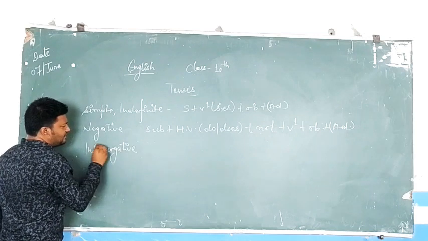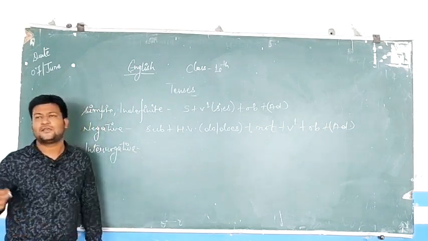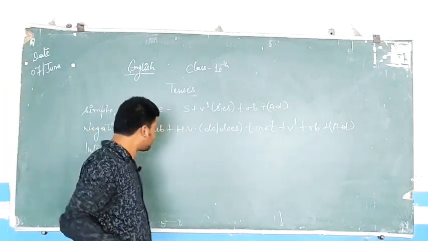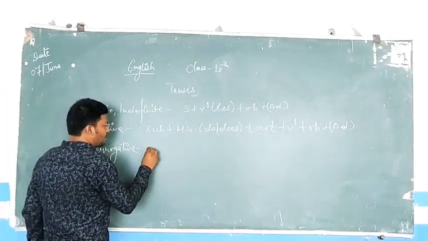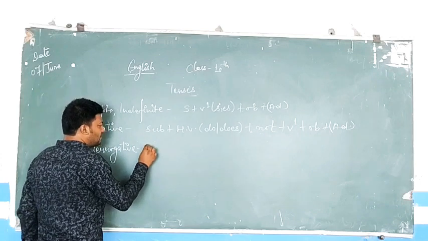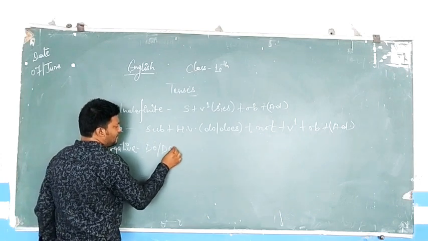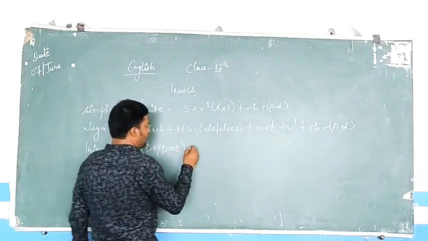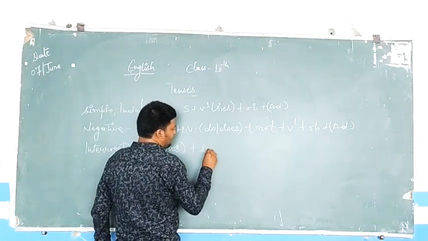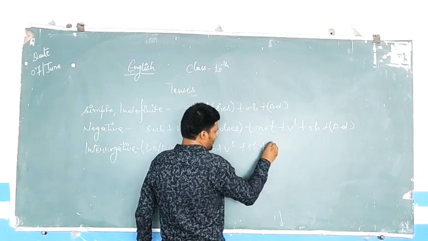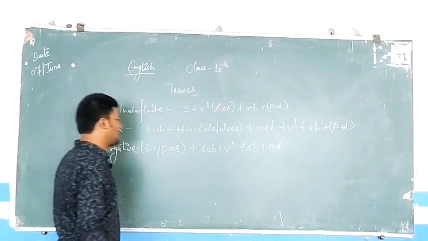Now particularly interrogative sentences. Interrogative sentences are used to ask questions, and they are the sentences which start with the helping verb, that is do or does, in the beginning, plus subject plus verb first form plus object plus adverb.